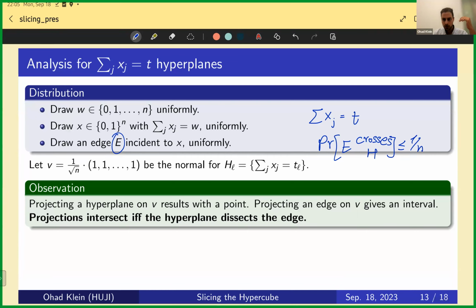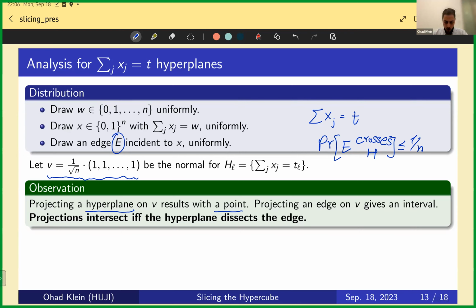But I want to view this in a different way, that is instructive for the rest of the proof. So define V to be the normal vector to the hyperplanes we consider. And the main observation in our proof is that if we project the hyperplane H, which is defined using the normal vector V, then we will get a single point.